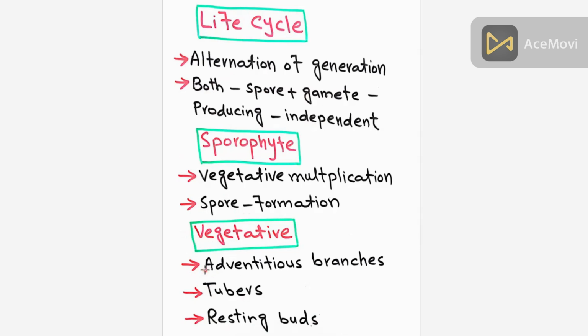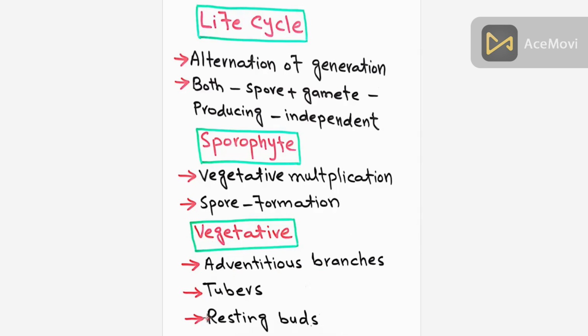Some Selaginella species reproduce vegetatively by development of adventitious branches, which separate from the parent plant and develop into new sporophytes. Other species produce tubers during unfavorable conditions for growth. These tubers develop into new plants on return of favorable conditions.